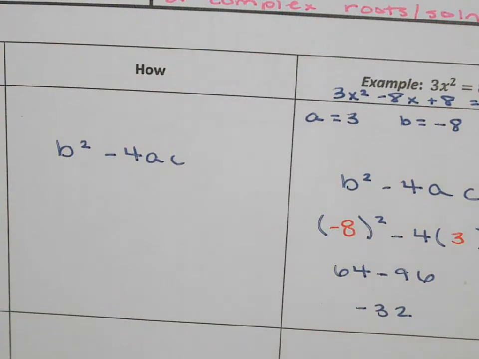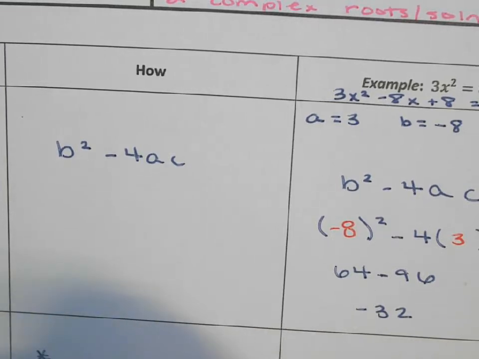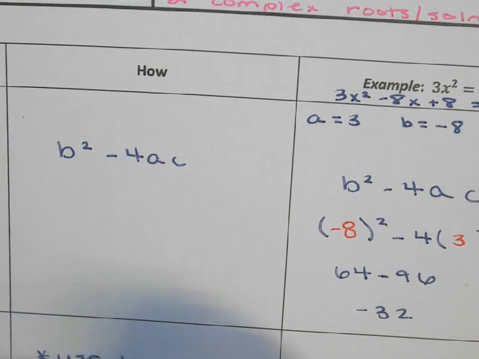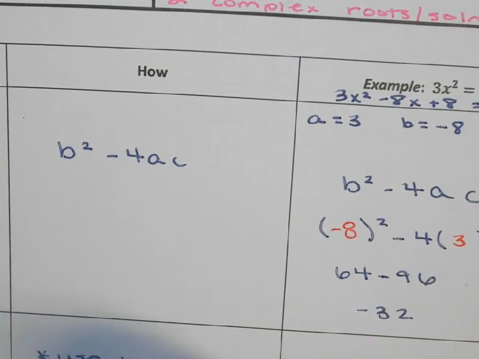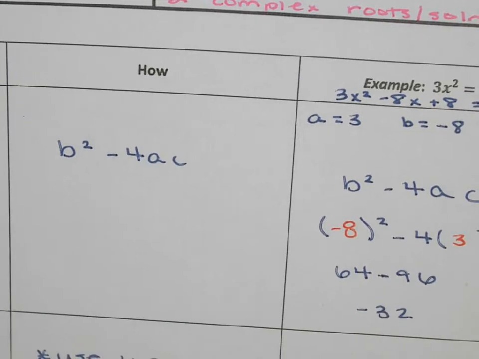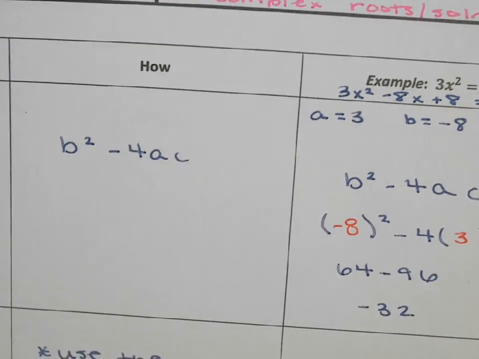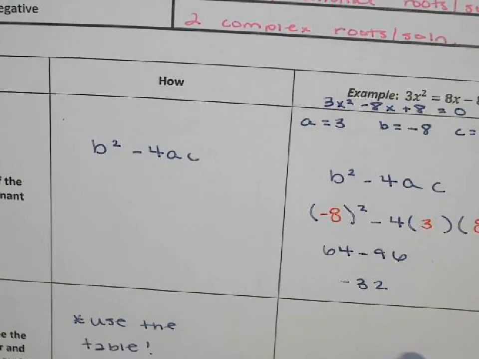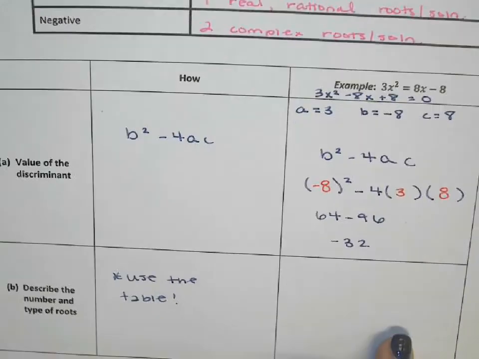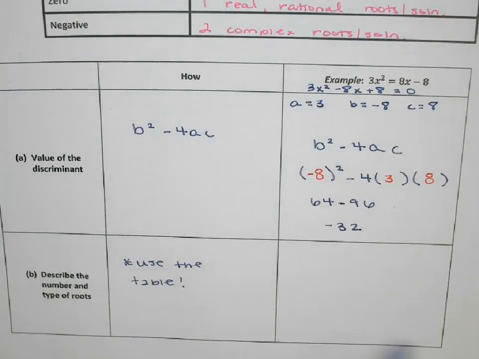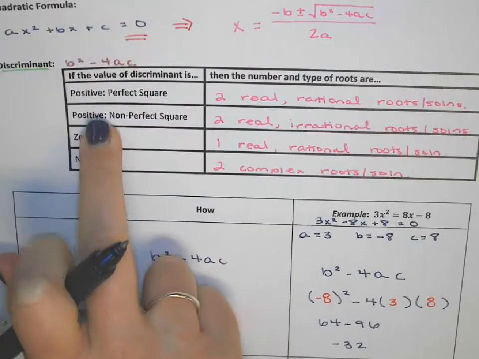Now, based on that, describe the number and the type of roots. Okay, so use the table from above. Okay, you can't even see what I'm writing. So we're going to use the table there. It's a negative number. It's not positive. It's not 0.